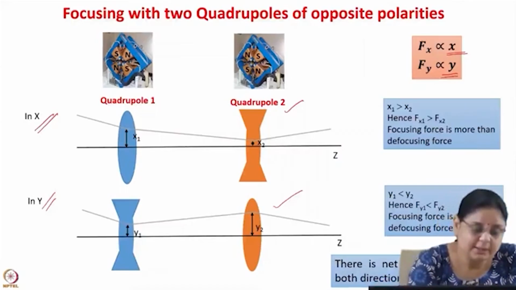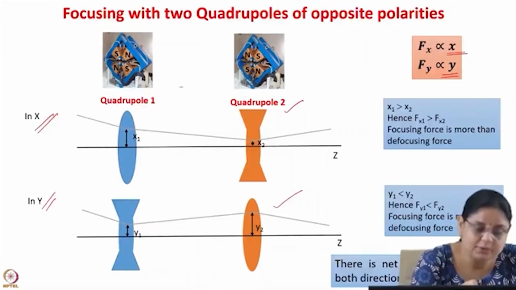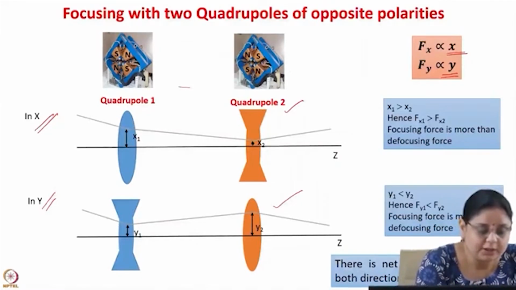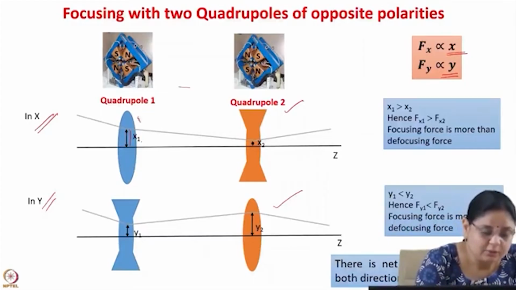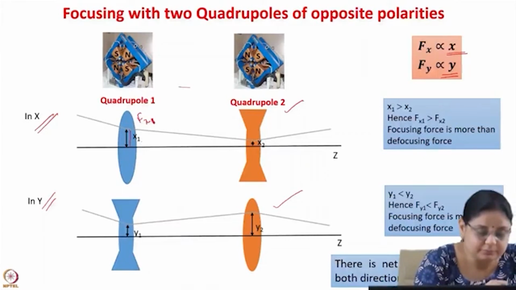Now let's see the motion of the particle in x and y separately through this system of 2 quadrupoles. In the x direction, the charged particle now goes through the focusing quadrupole first. Here its displacement from the axis in the x direction is x1 at the quadrupole. So the force acting on the charged particle here is Fx1, which is proportional to x1.